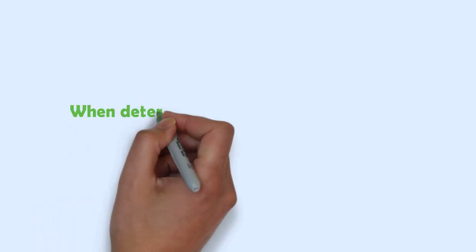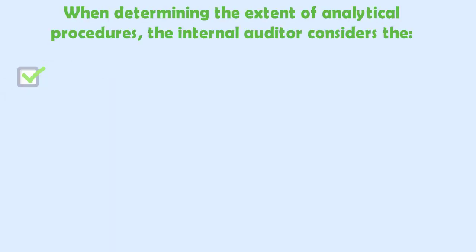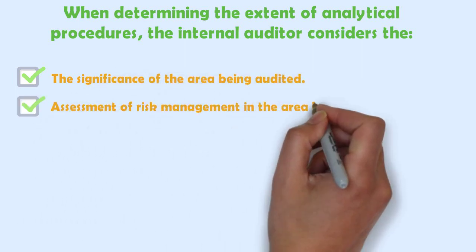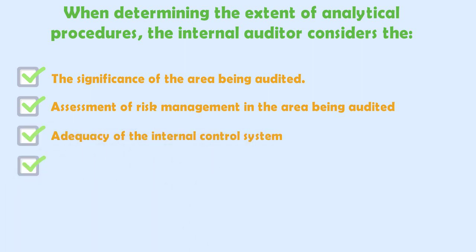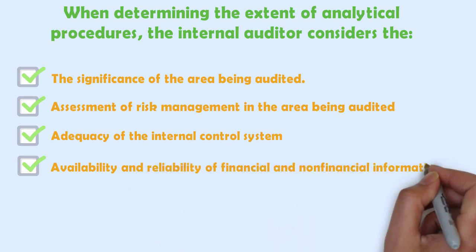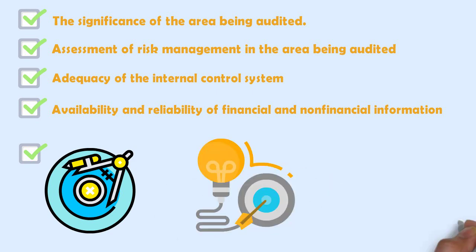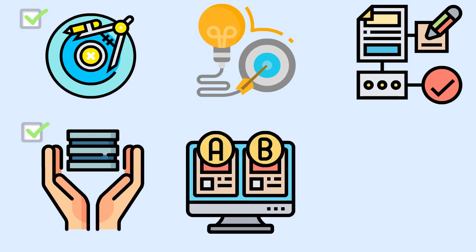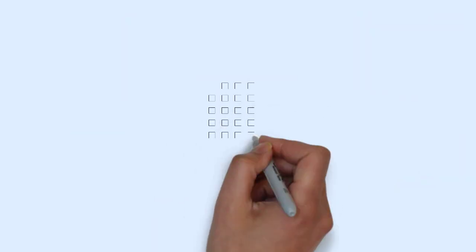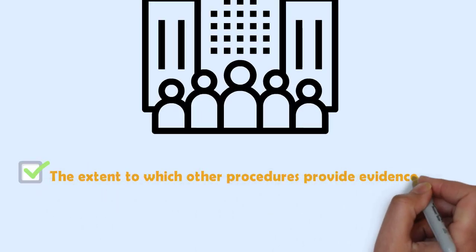When determining the extent of analytical procedures, the internal auditor considers the significance of the area being audited, assessment of risk management in the area being audited, adequacy of the internal control system, availability and reliability of financial and non-financial information, the precision with which the results of analytical audit procedures can be predicted, availability and comparability of information regarding the industry in which the organization operates, and the extent to which other procedures provide evidence.